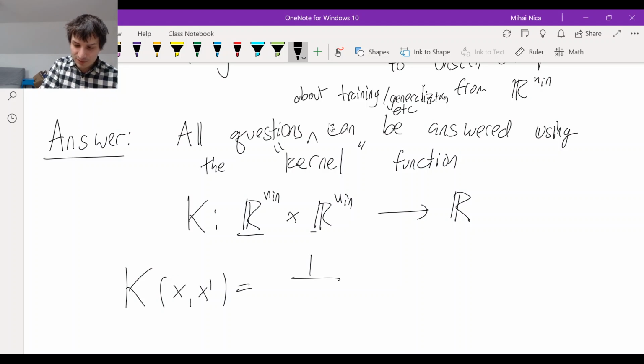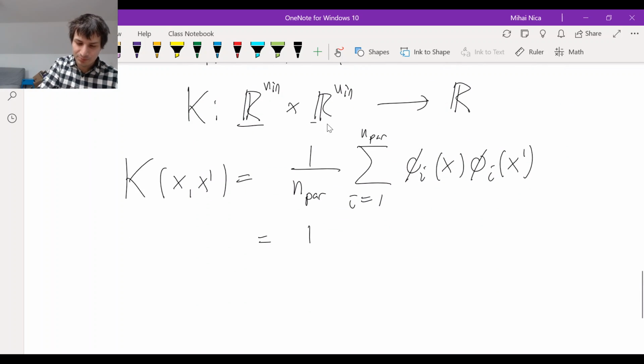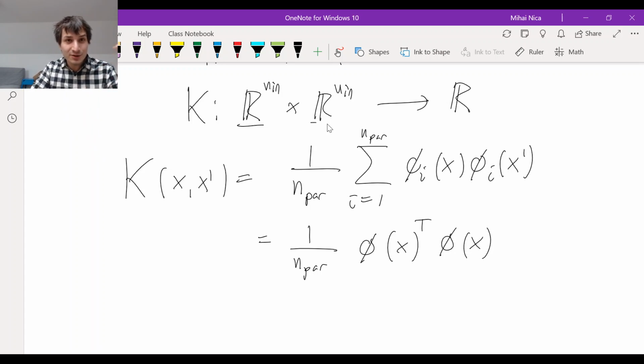It's 1 over n par times the sum from i equals 1 to n par of the features, phi i of x, phi i of x prime. By combining the features together in this way, doing the inner product of the features, you can also write it like this: 1 over n par, phi of x transpose phi of x prime. By doing this inner product, you get this kernel.